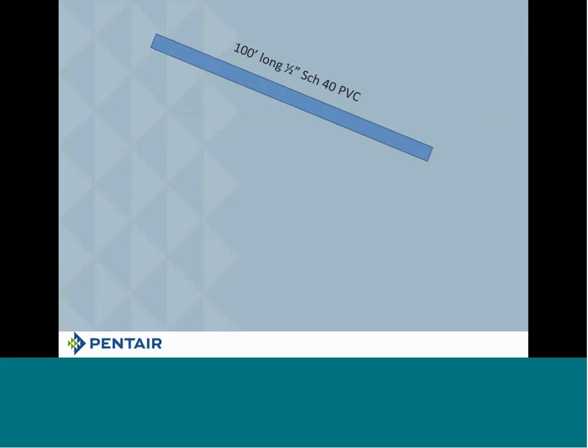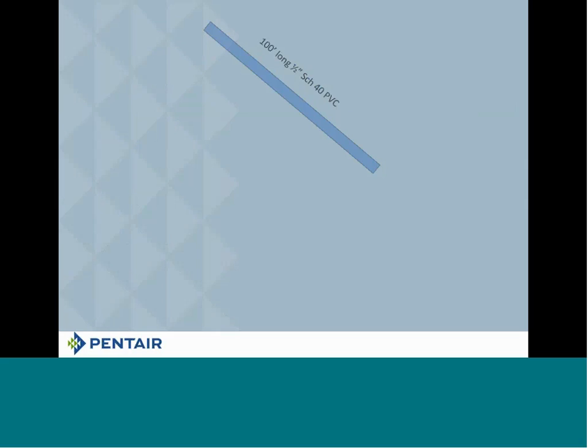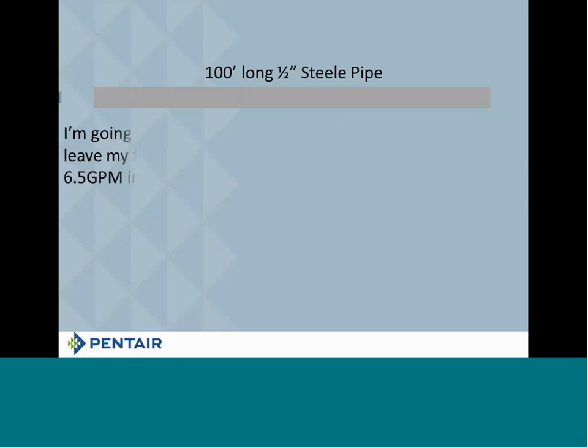So we get rid of the PVC, and we put in steel. Now remember, we're still going to put 6.5 gallons a minute in. And of course, if I put 6.5 in, what am I going to get out? 6.5 gallons a minute. Got no place else to go.